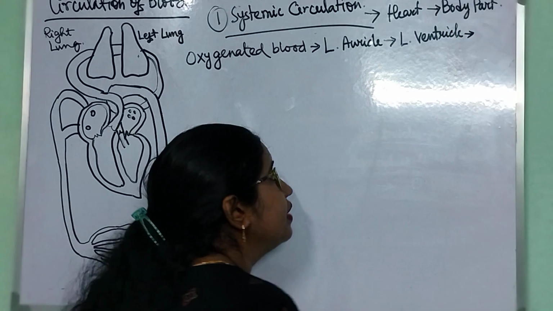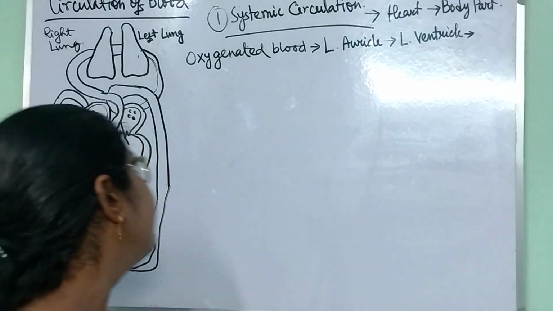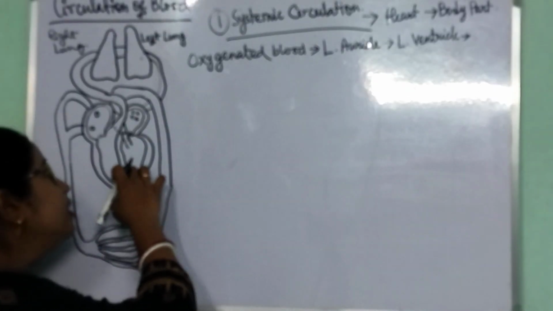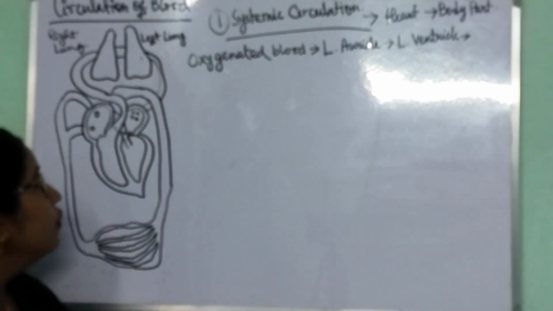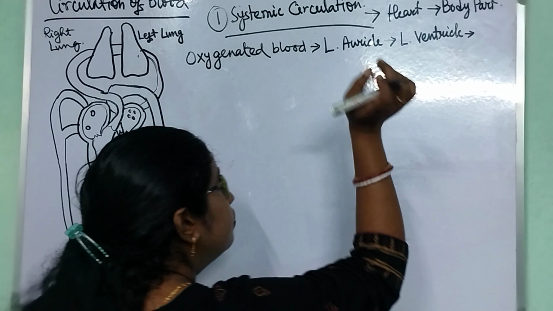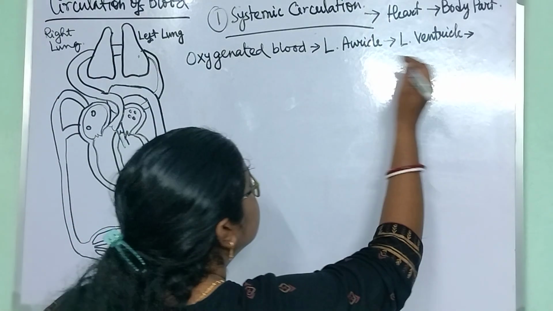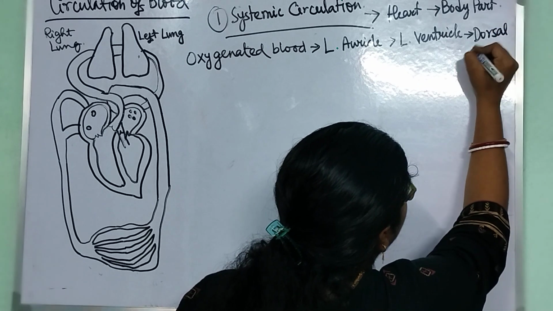When the left ventricle is full of blood, then it contracts, and the blood pushes forcefully into the dorsal aorta.